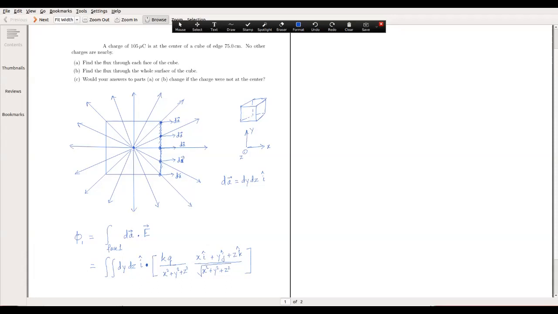So the flux passing through face one is equal to i hat dotted only with i hat, and this is zero everywhere else.